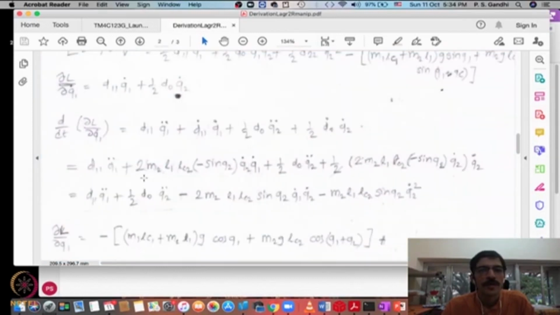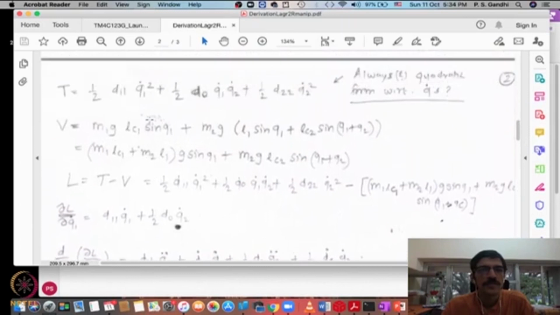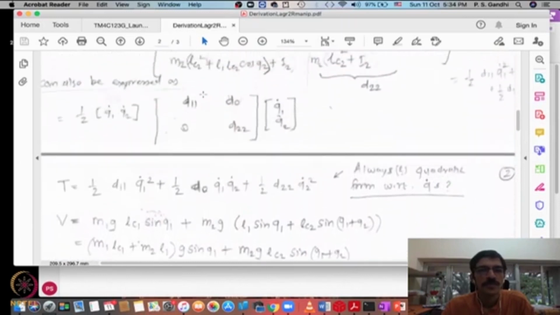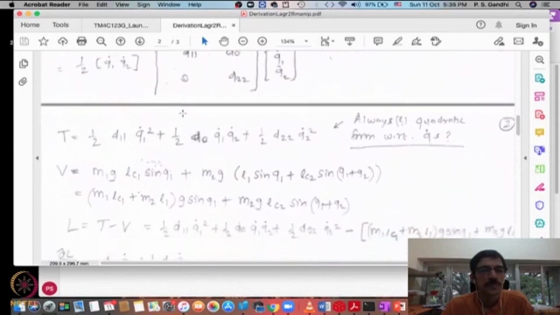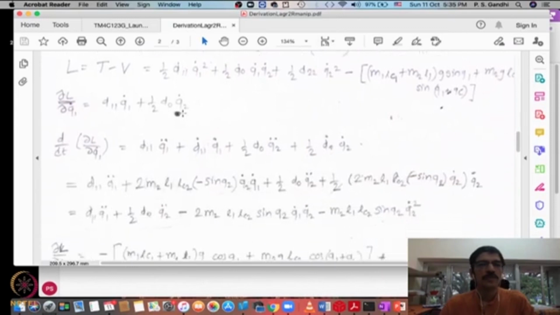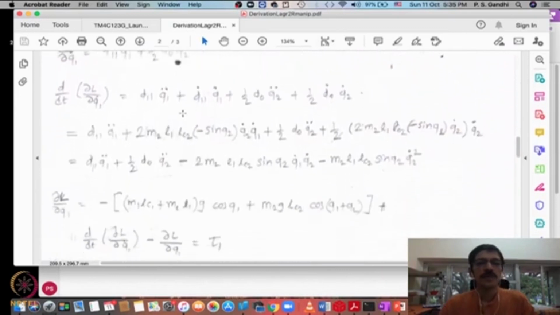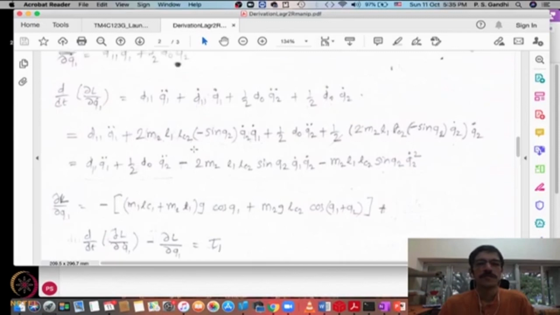While differentiating, if you are expressing in terms of these d11 coefficients, we need to make sure that these coefficients may be further functions of q. So wherever this full differentiation comes, this term needs to be considered accordingly.